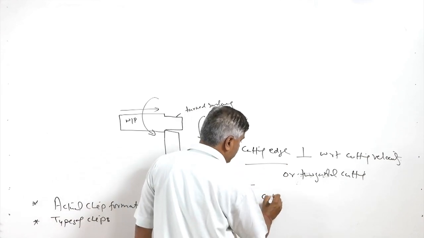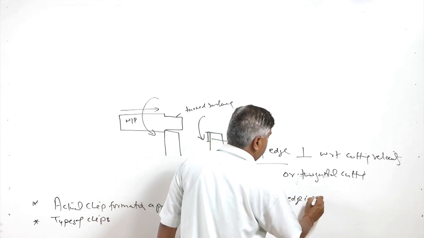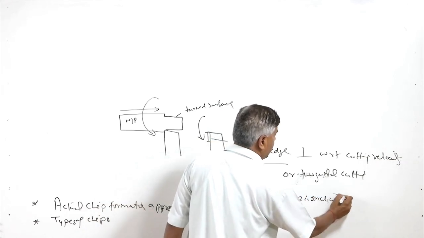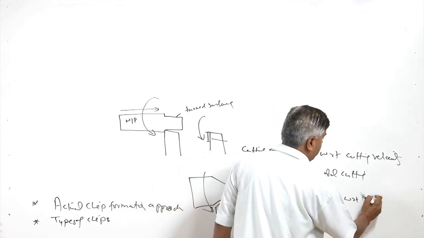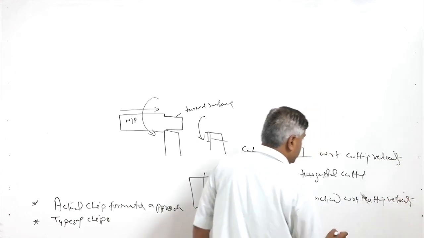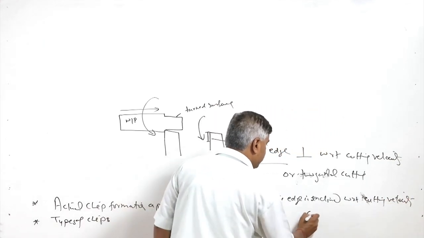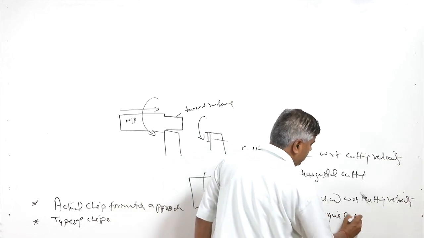So, in this case the cutting edge is inclined with respect to the cutting velocity direction. That will be termed as oblique cutting.